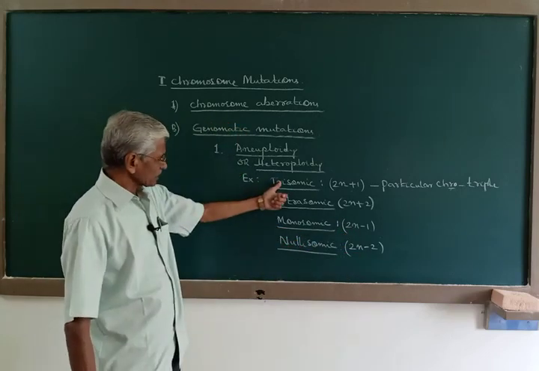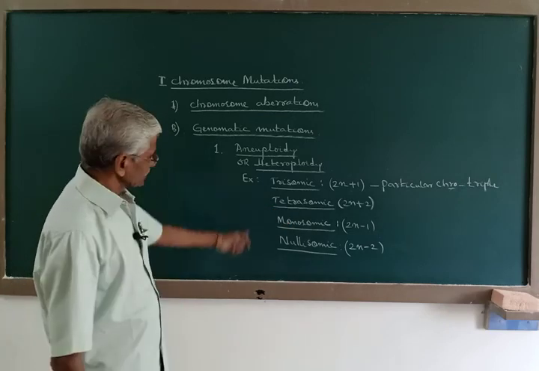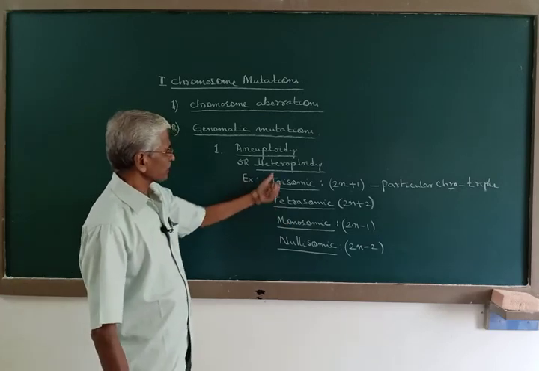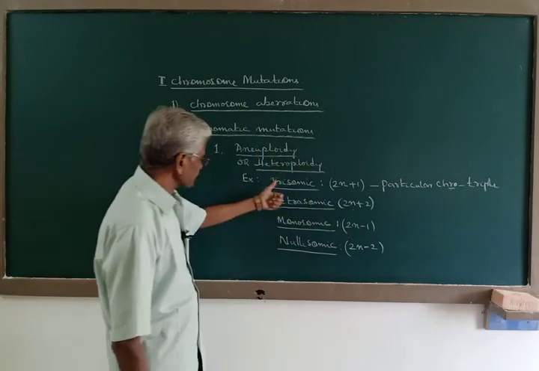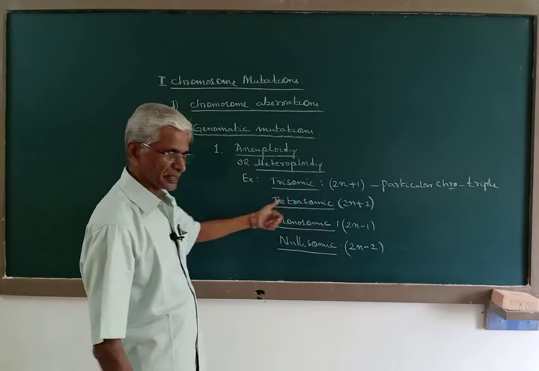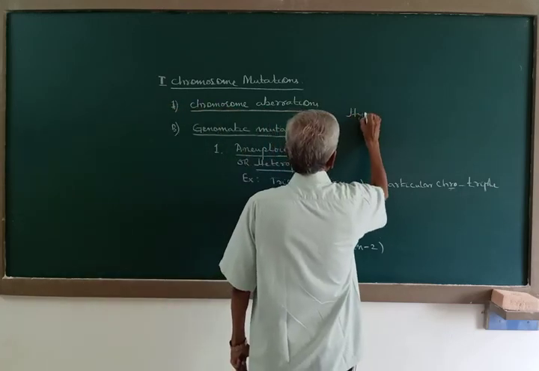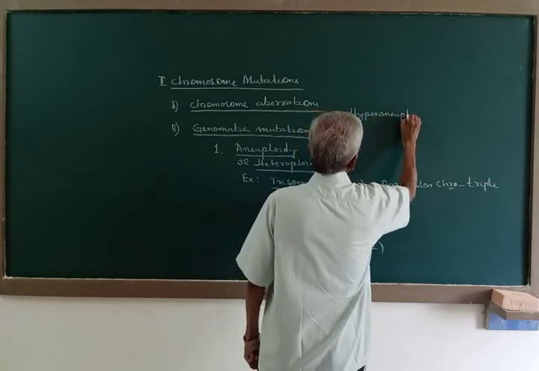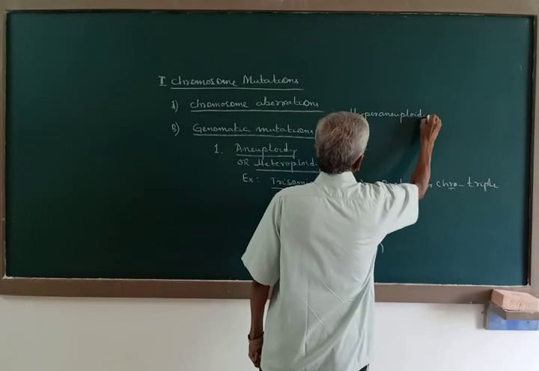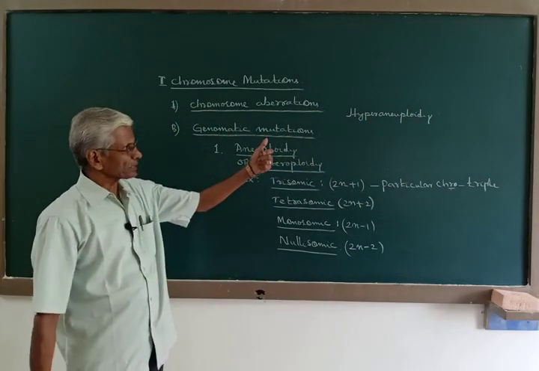So this is often called hyperaneuploidy. These two are aneuploidy where the chromosome number is more than the diploid, and hence these two, trisomic and tetrasomic, are often called hyperaneuploidy.